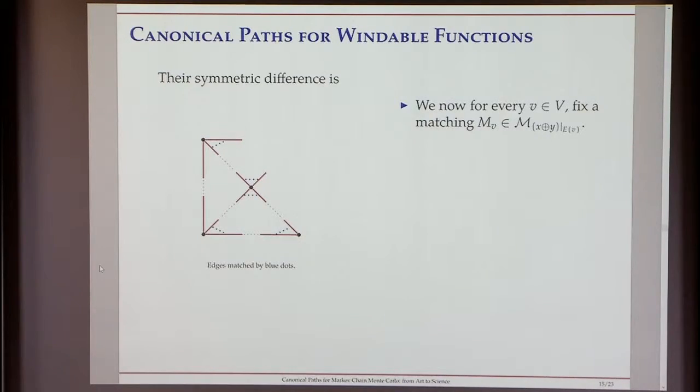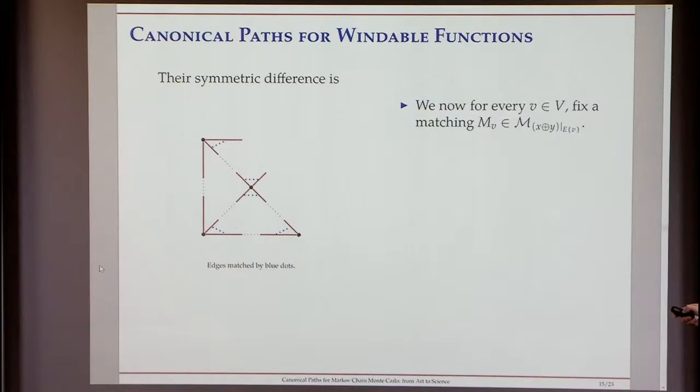And then remember that we claim that every matching on a vertex corresponds to a canonical path. But these matchings are defined on each vertex. So suppose now we fix a matching M_v for each vertex v in this graph. So in this figure, I try to show these matchings.